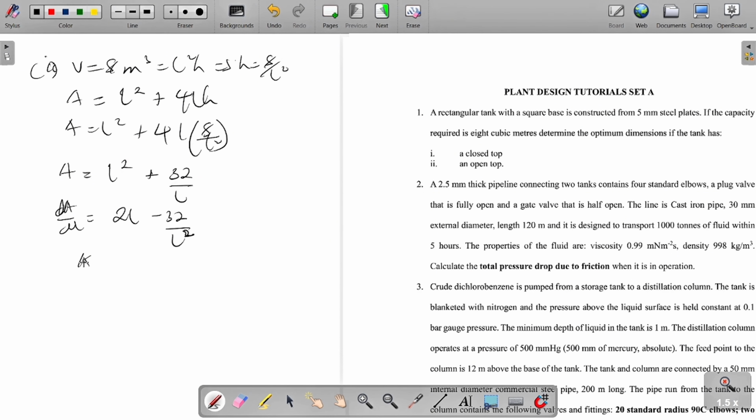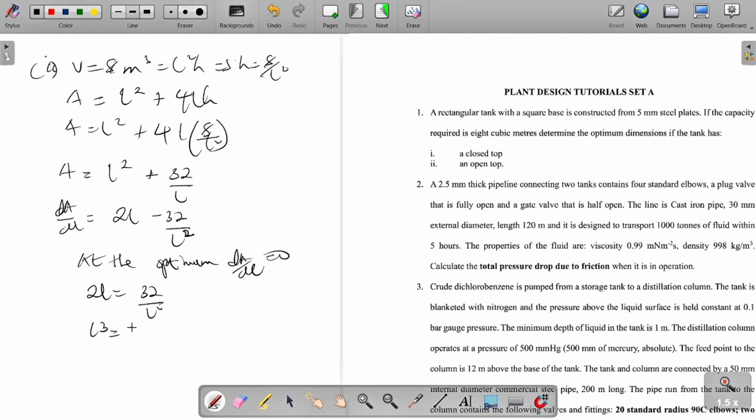As usual, at the optimum, the derivative is equal to 0. So 2L equals 32 divided by L squared. So we have L cubed to be 32 divided by 2, so L will be equal to the cubic root of 32 divided by 2, which gives me 2.52 meters.